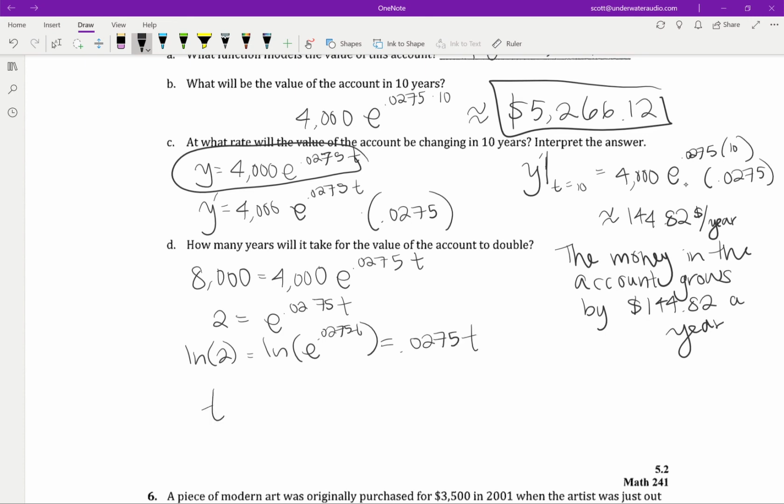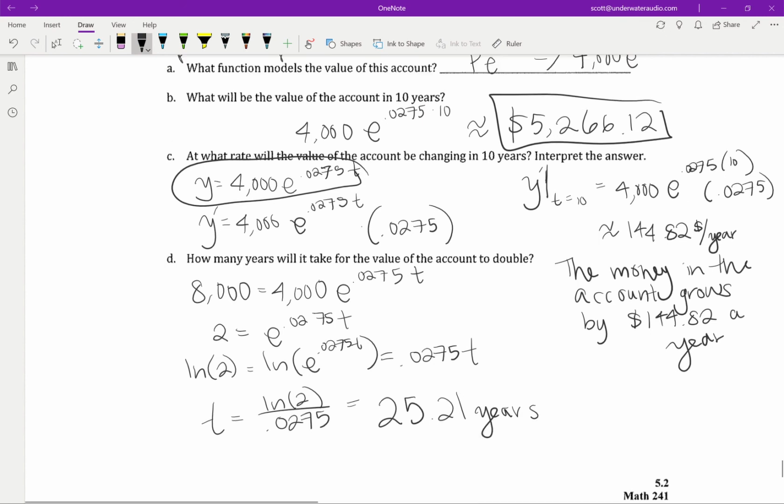It's going to cancel and leave me just with the exponent. So t is going to equal the natural log of 2 divided by 0.0275, which I will approximate. So that is approximately 25.21 years.